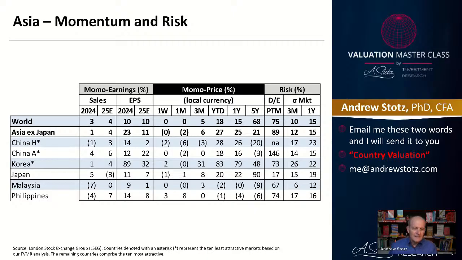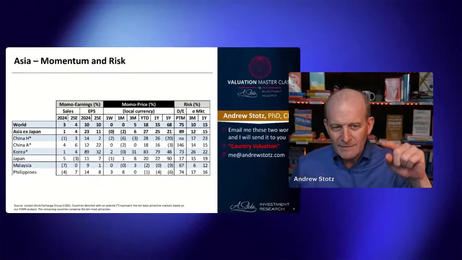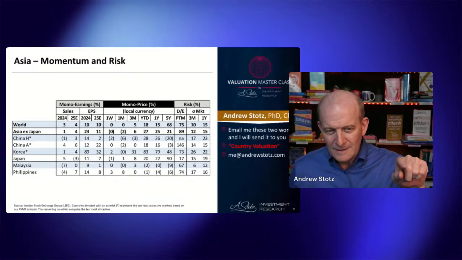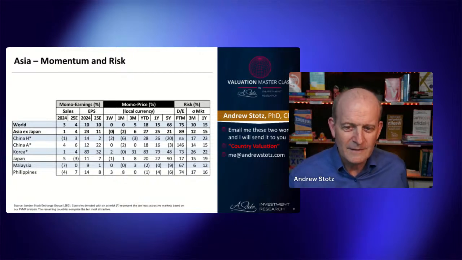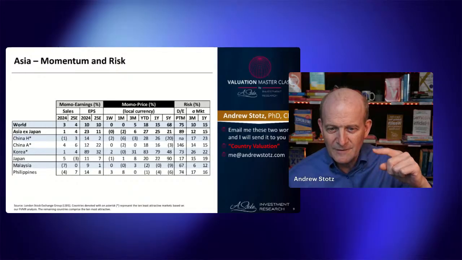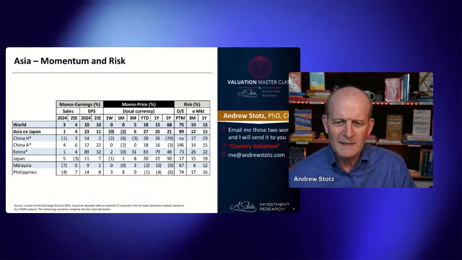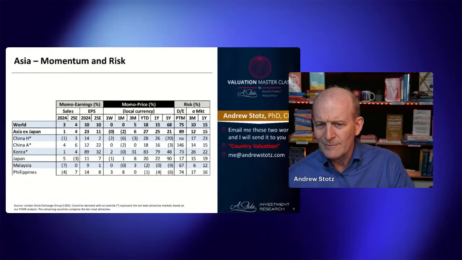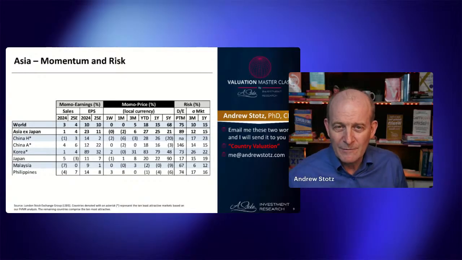But the same problem that we have with PE, we have here with EPS. There's a lot of volatility. The EPS growth of different countries is quite different, with Malaysia at 1% and Korea at 32%.